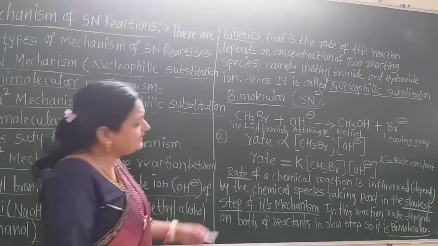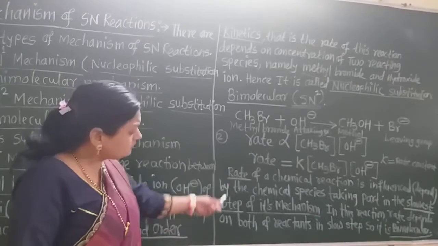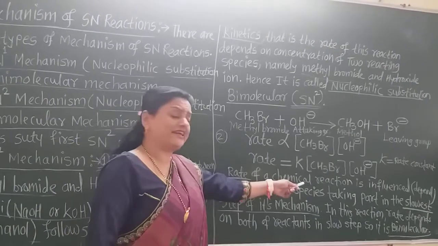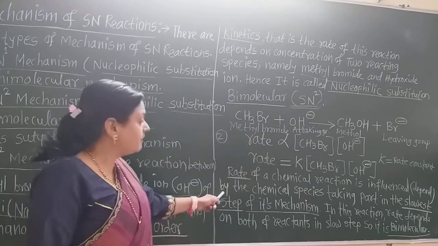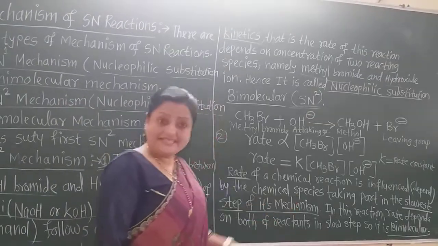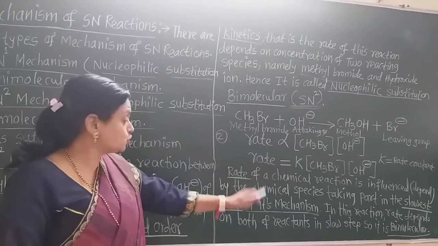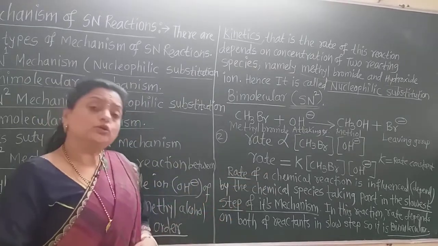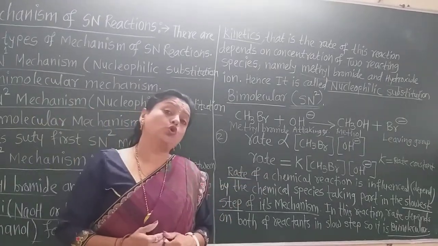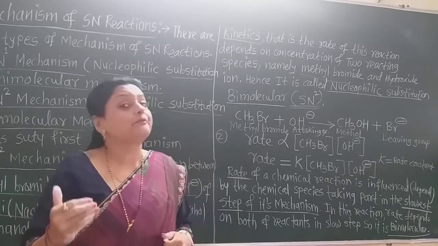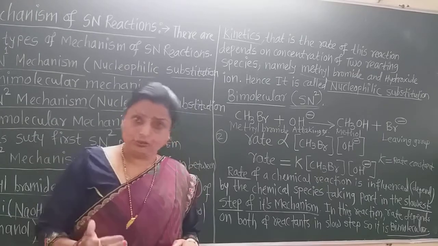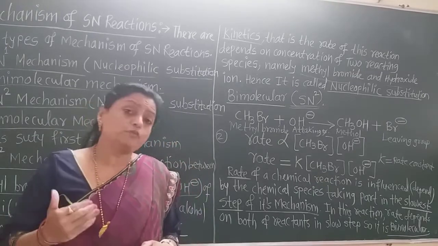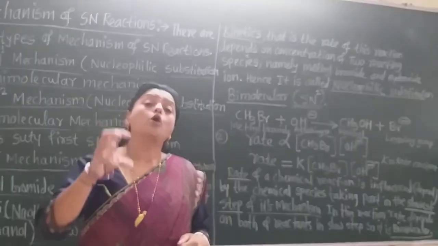Now what is there in the rate of the reaction? The rate of a chemical reaction is influenced by the chemical species taking part in the slowest step. That slowest step is also called the rate determining step, because the rate of the reaction is always calculated from the slow step.